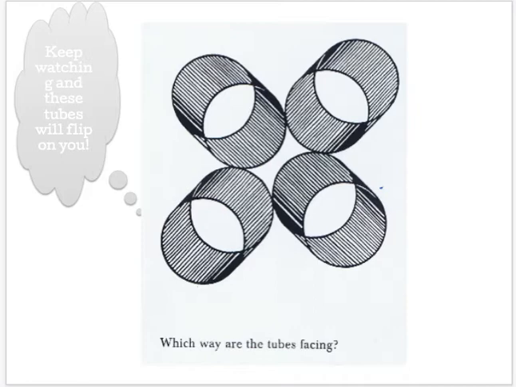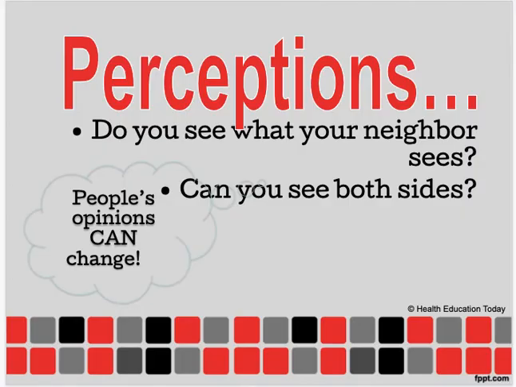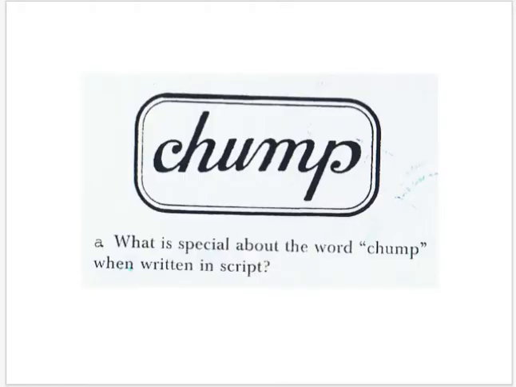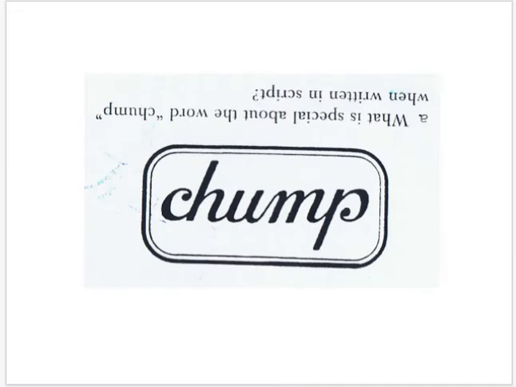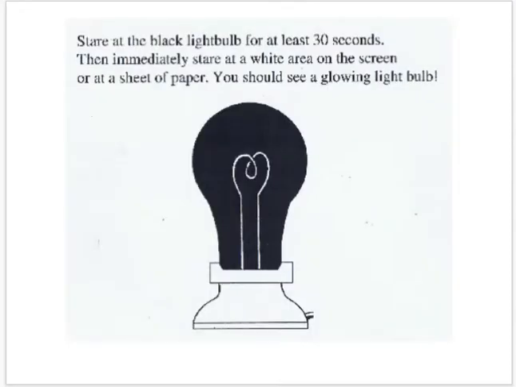I'm only seeing it one way on that one. People's opinion can change. What is special about the word chump when written in script? Flip that piece of paper around and it still spells chump.